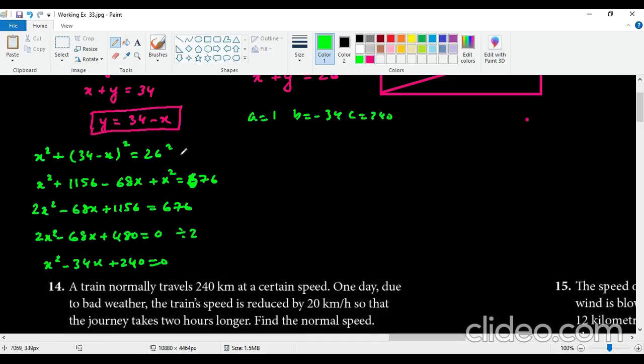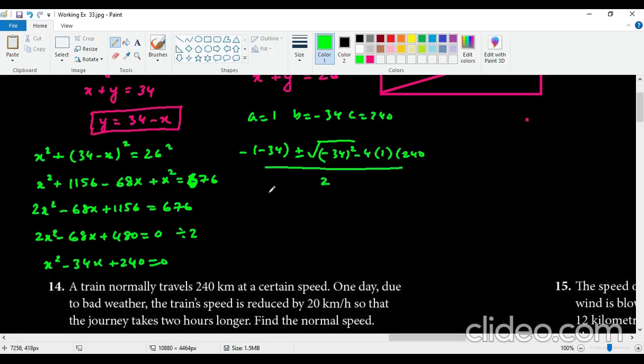So this gives us minus b plus minus under root b square minus 4ac, where b is minus 34, a is 1, and c is 240, over 2 times a, which is 2.